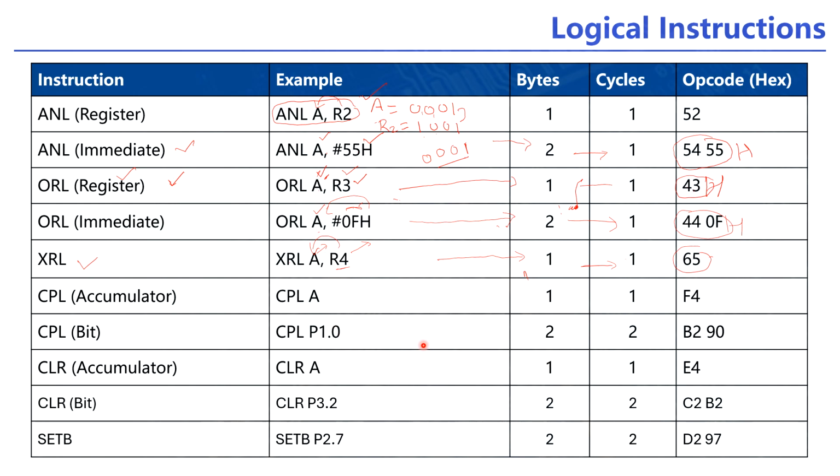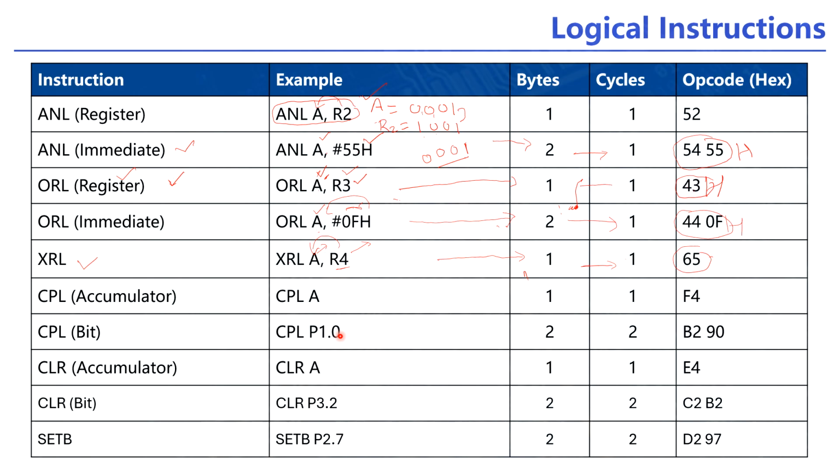This is just a 2 byte instruction, and for this execution, 2 machine cycles are required. Opcode of this instruction is B290. Remember?